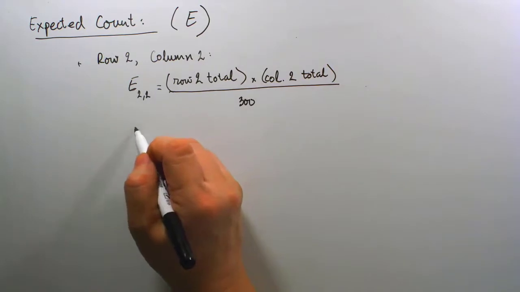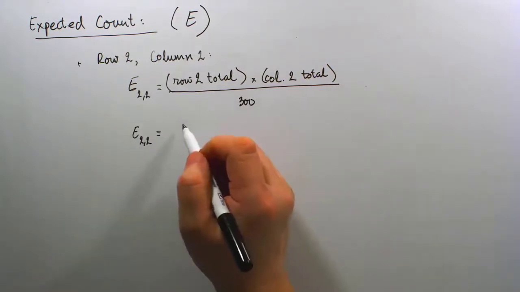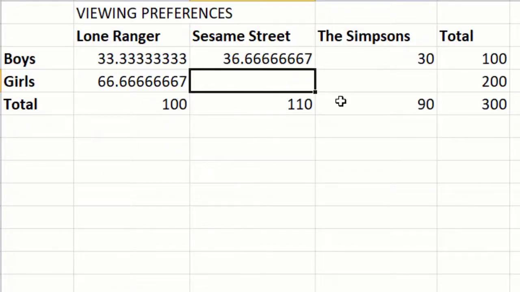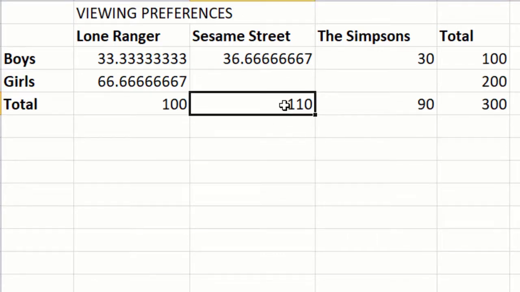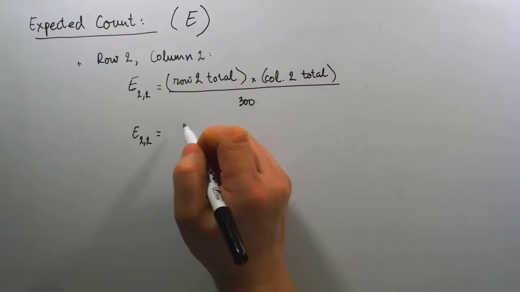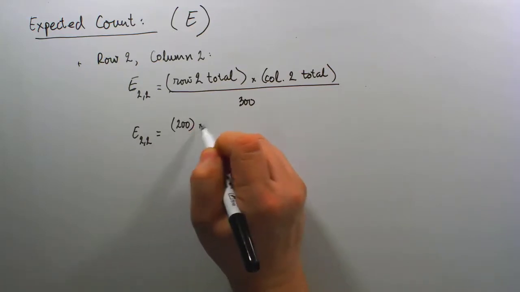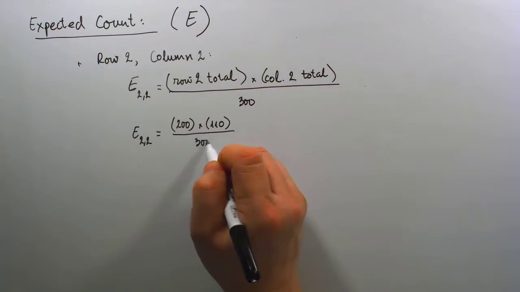And so now the calculation for the setup. We were looking at row 2 being 200 for the row total, and column 2 is 110 for the column total. So our setup here is going to be 200 times 110, and we're dividing that product by 300.